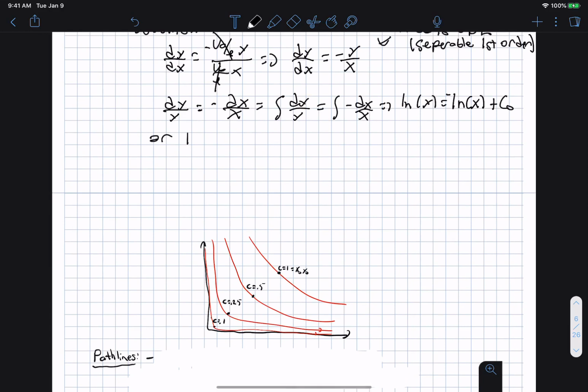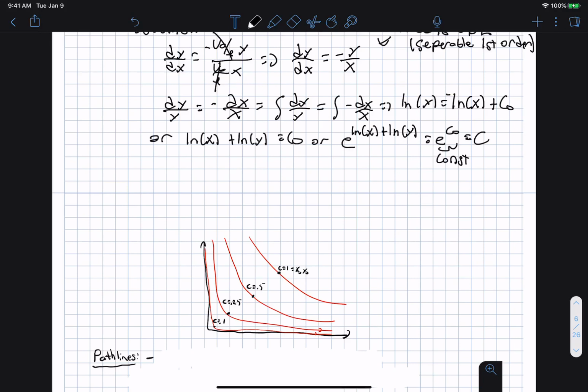Or we have ln of x plus ln of y equals c naught, or we can exponentiate both sides, and we have e to the log of x plus the log of y equals e to the c naught, which is still just a constant. And so I'll just call that another constant, c.